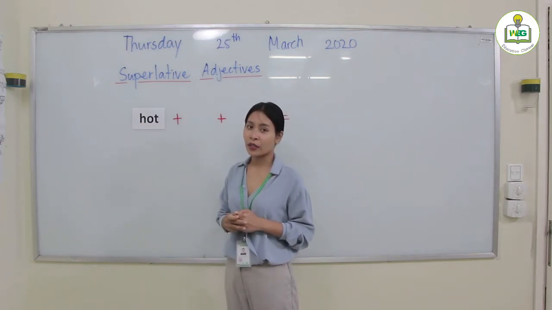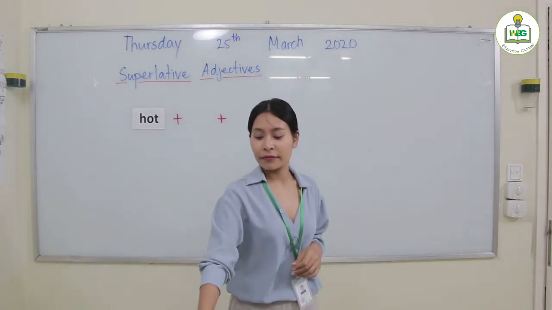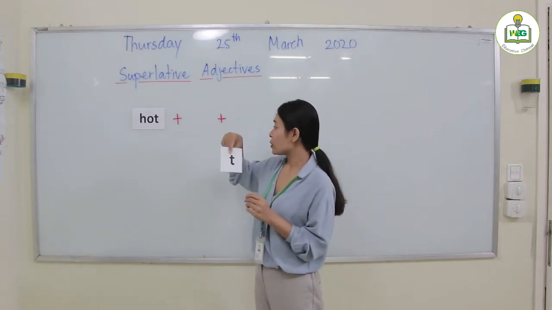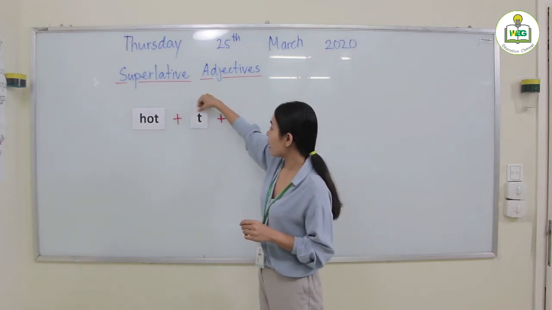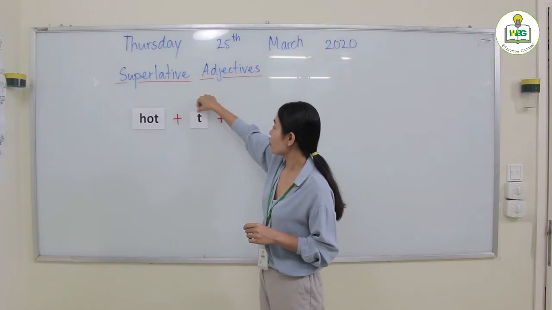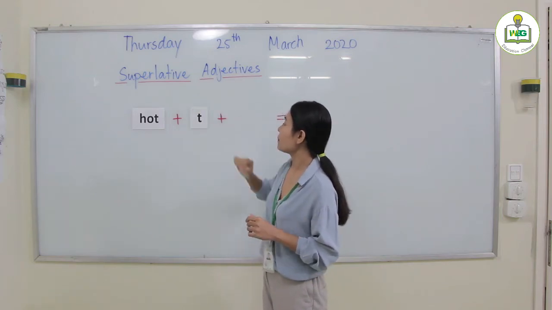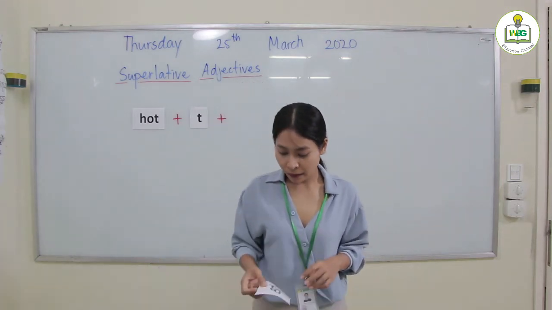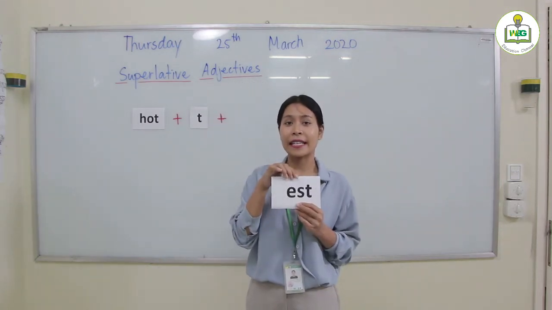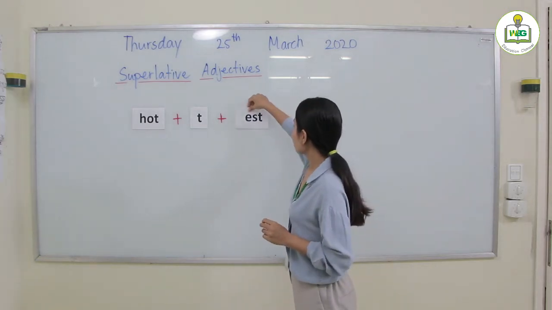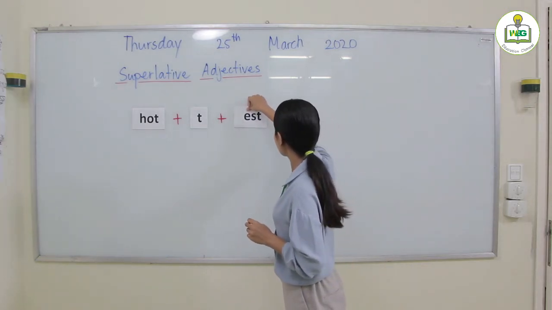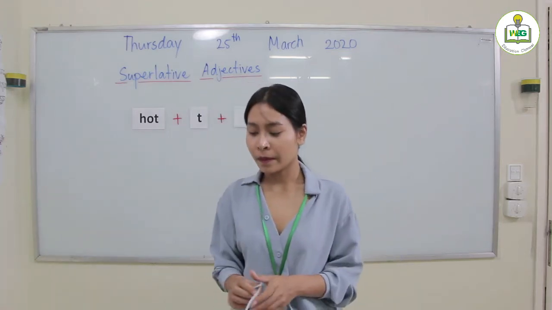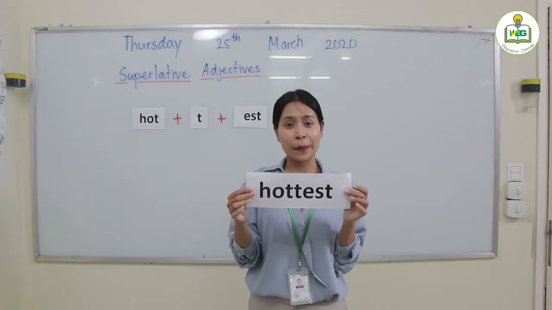So what do we have to do? We add another T to the word. Double the T, right? T is the last consonant of the word, so we double the T. And then we add EST. Okay, what will it become? It becomes hottest.